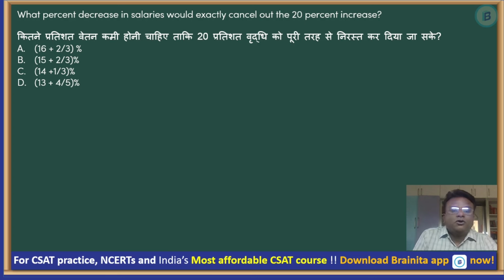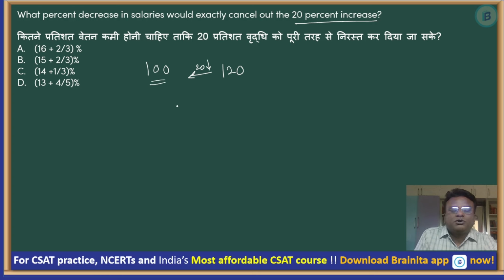What percent decrease in salaries would exactly cancel out the 20% increase? It is very simple. So the original salary is 100, the increased salary is 120. Now we have to find the reduction of 20 to bring it back to 100.